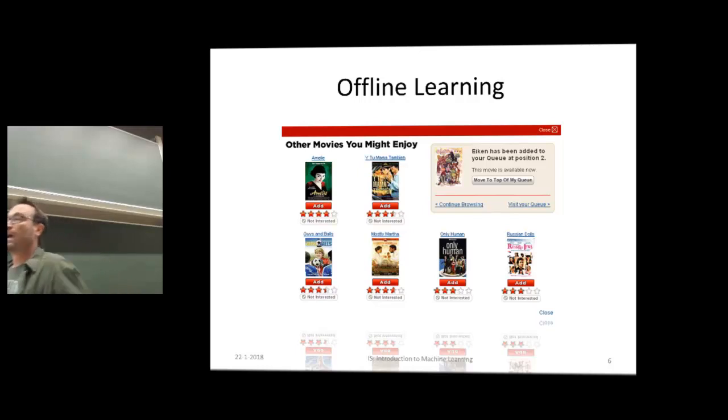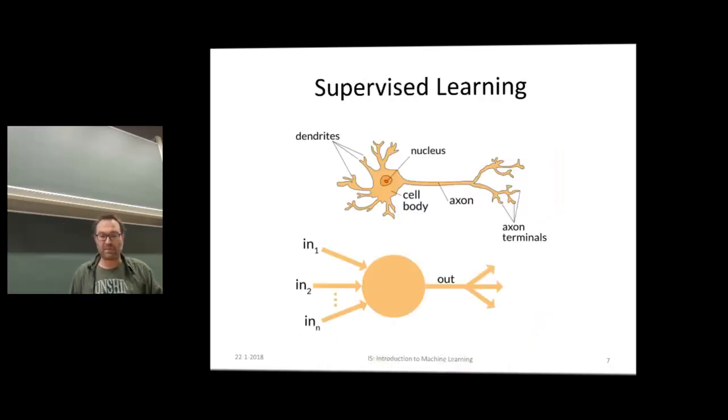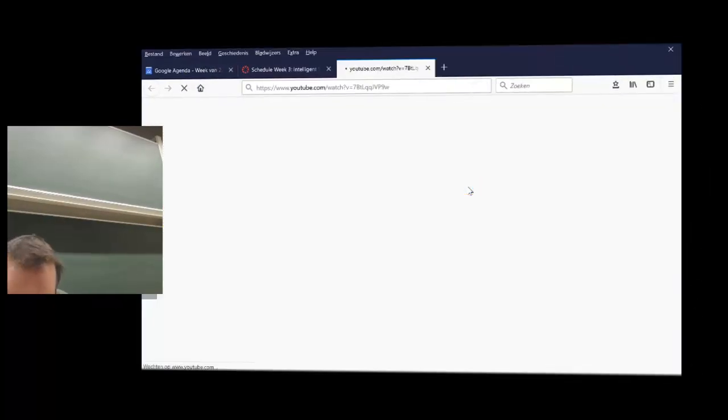We all encounter it very often, and if you use Netflix or Spotify or whatever, you always get things that are recommended on the basis of already existing data that is collected about yourself, but also about other people. What we also apply is an idea of supervised learning, and there is a beautiful old movie that explains this idea. I really think it is very cute, and you should look at it.